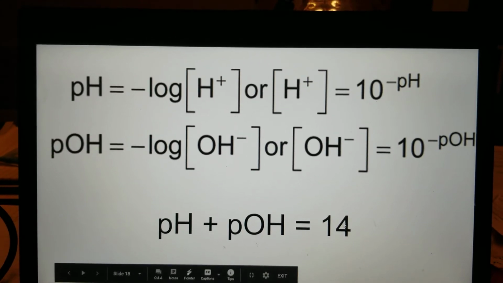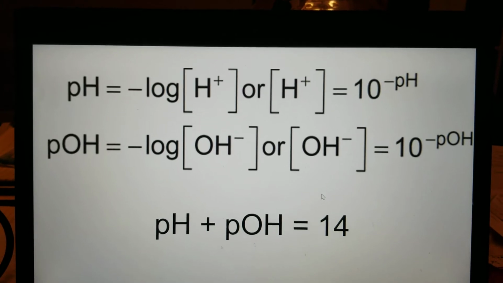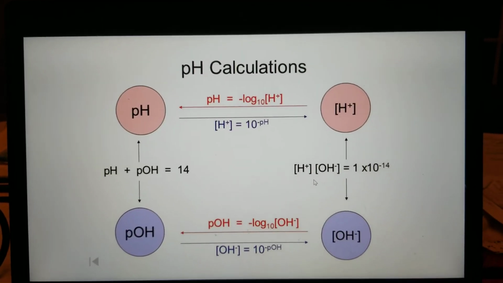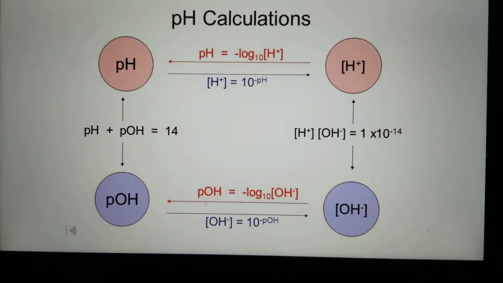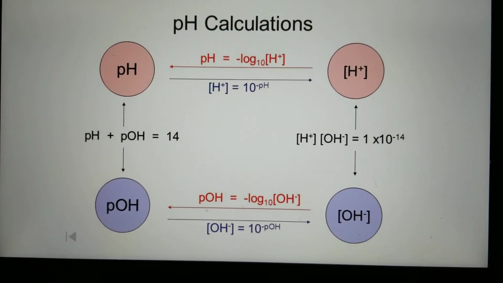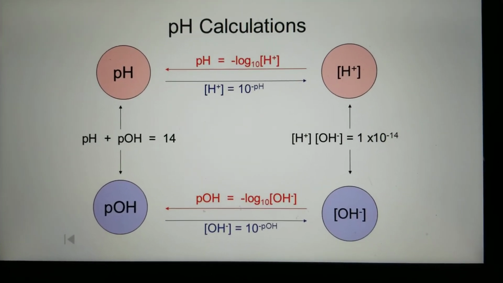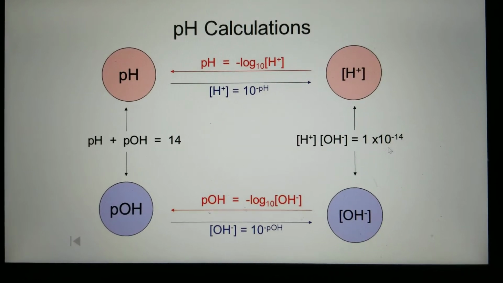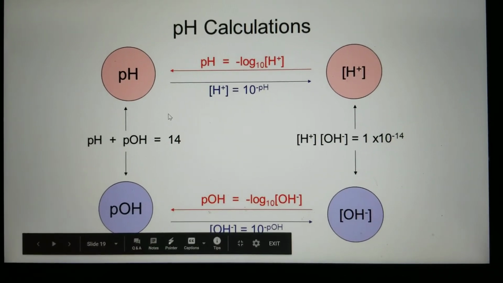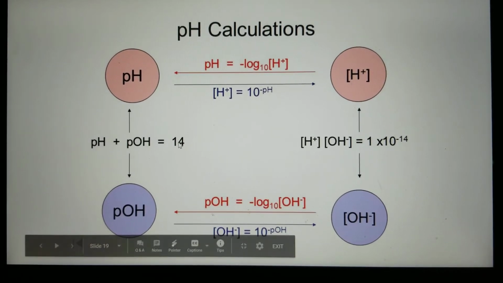So that makes it kind of easy to get either the pH or the pOH if you have one or the other. This little diagram was really helpful, and it basically puts everything together: multiply these two, this is the value you get; add these two, this is the value you get, which is 14.